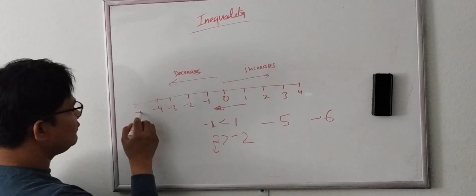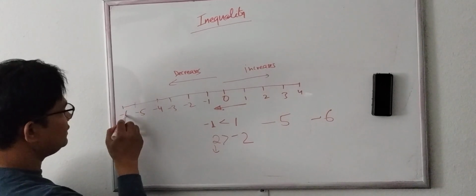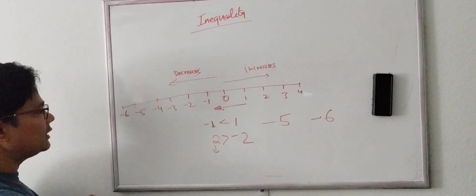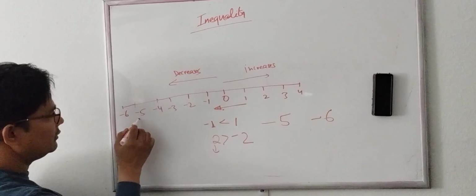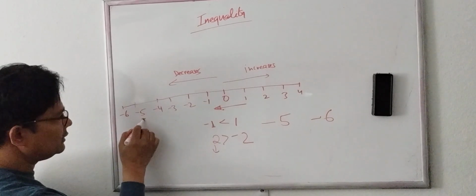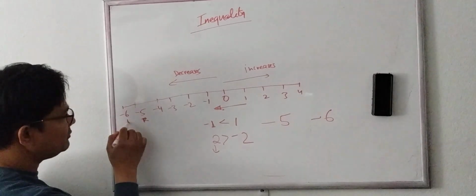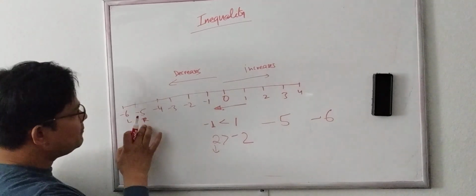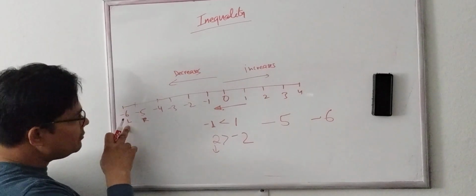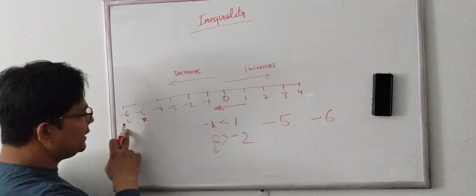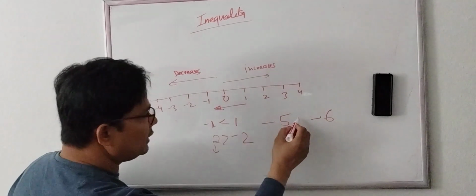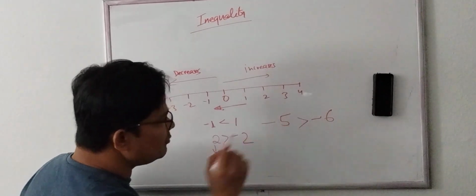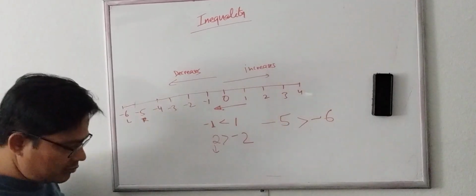Here is -5 and here is -6. So which one is on the right side? This guy is on the right side. This is right side, this is left side, correct? And what we learned, if a number is on the right side with respect to the other number, that number will be bigger. So here -5 is bigger than -6.